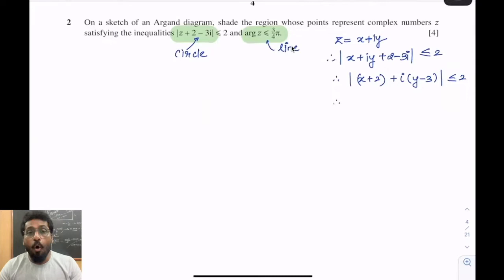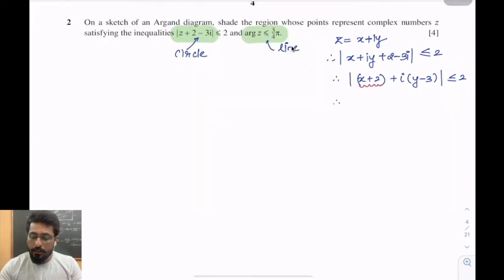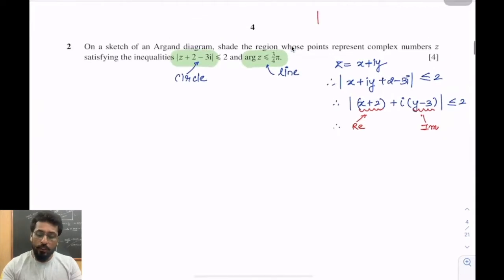So when you say modulus, can you see this part is the real part and this part is the imaginary part. So when you are going to write modulus of x plus i y, x is the real part, y is the imaginary part. Don't you write it like square root of x square plus y square?